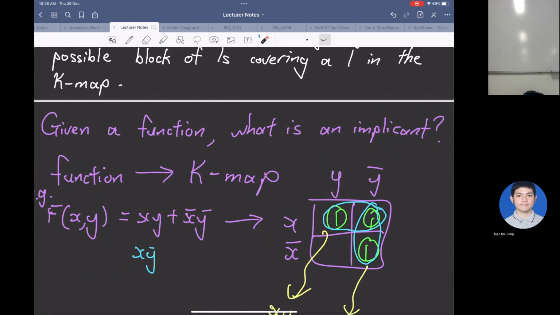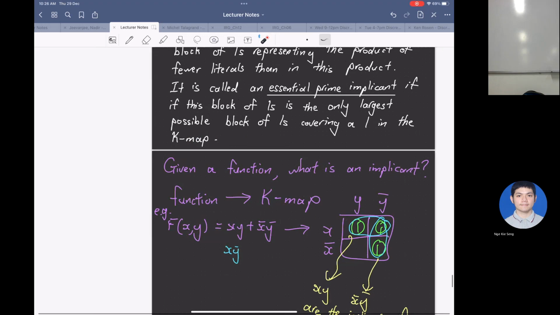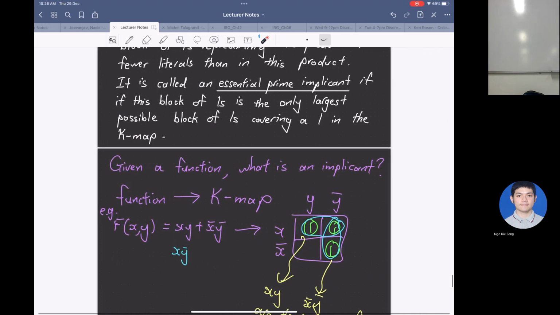So the blue one will be the prime implicant, because the green one is contained in a larger block of 1. You can see the green one is contained in the blue one, so the green one is not prime. But the blue one is not contained in a larger one, so it's prime.